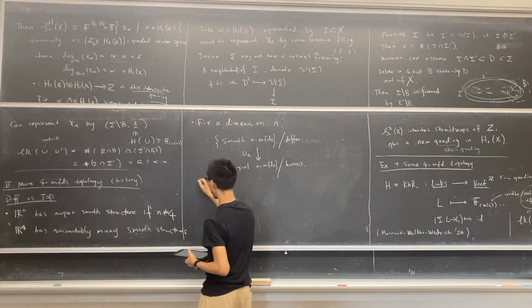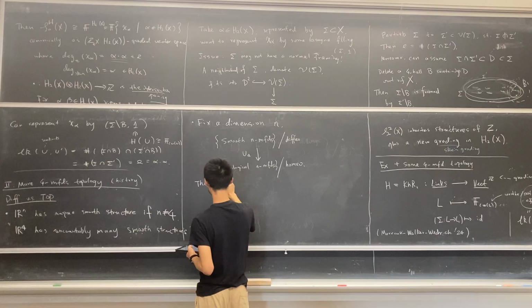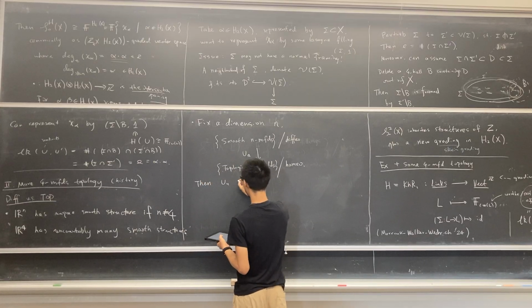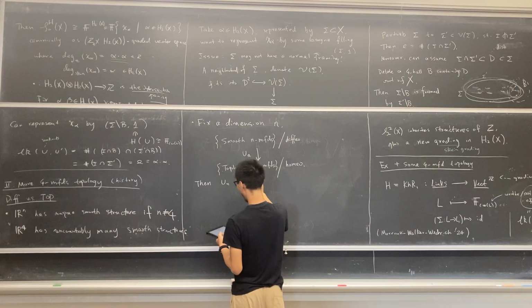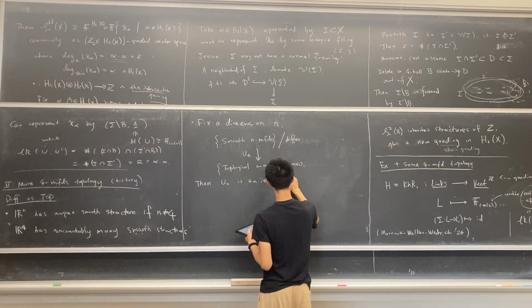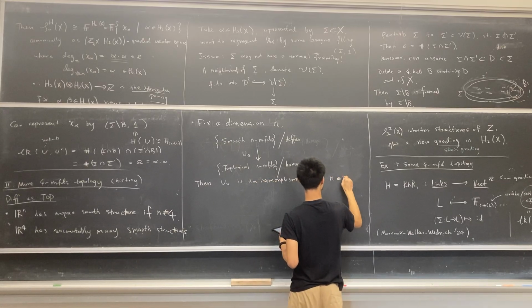Then it turns out that by some very explicit smoothing argument, U_n turns out to be an isomorphism for n less than or equal to 3.